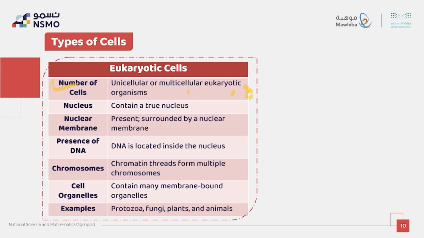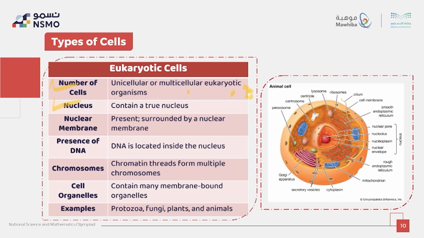The second one is the nucleus. Look at the figure here. They contain a true nucleus which safely stores DNA. So where is the DNA? Inside here, because of the nuclear membrane.